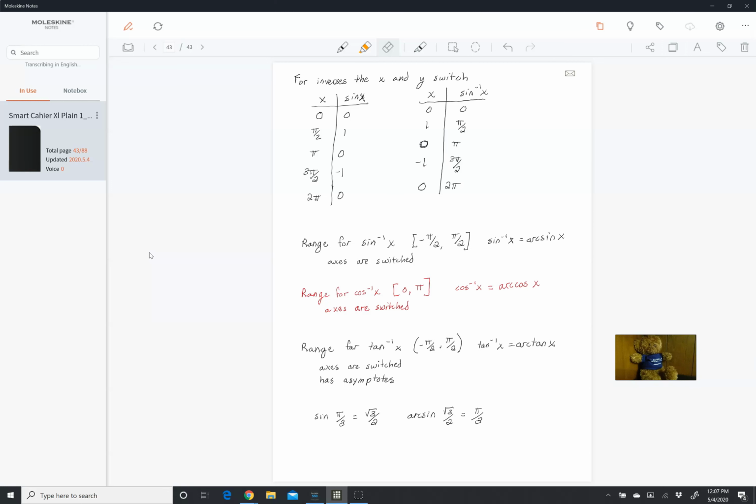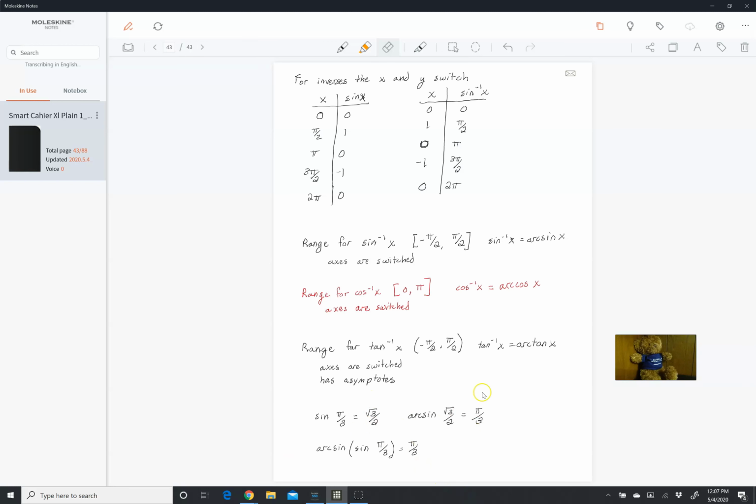Okay, and it should be noted that the arc sine of the sine of pi over 3 is just pi over 3. Right? Whenever you take the inverse of the trig function, when you compose inverses, because that's what we did, a composition of inverses, you just get the input, okay?